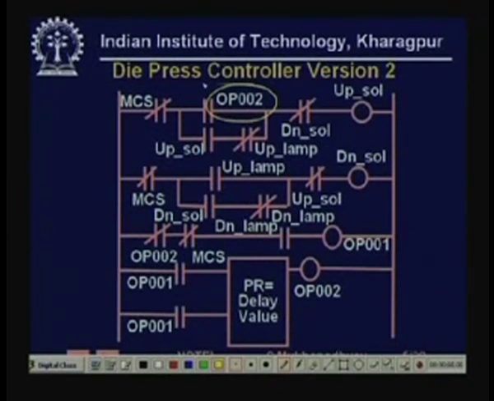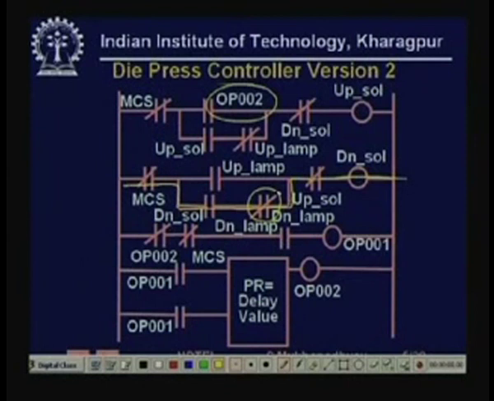Now, suppose the down solenoid was on. The down lamp suddenly became on because the die hit the down limit switch.